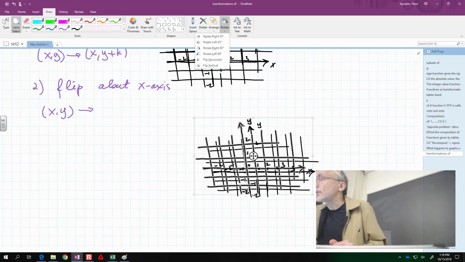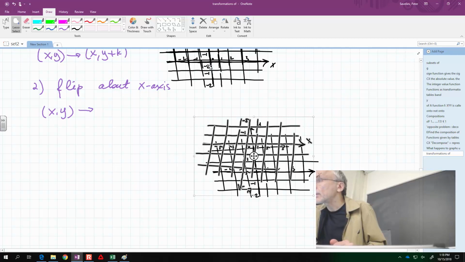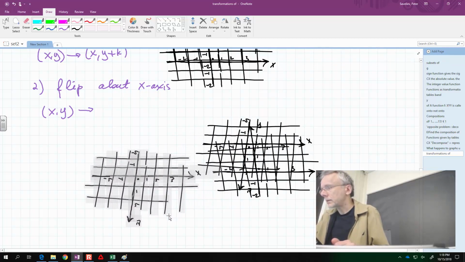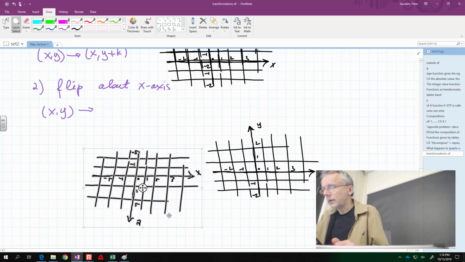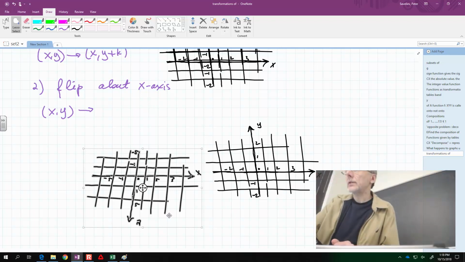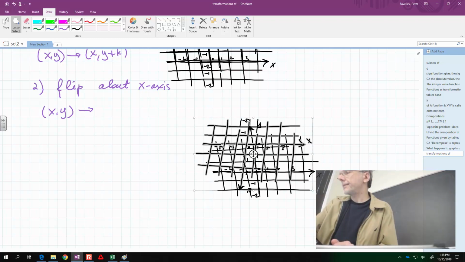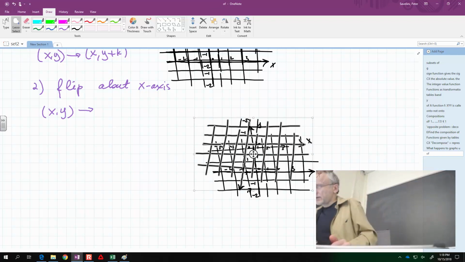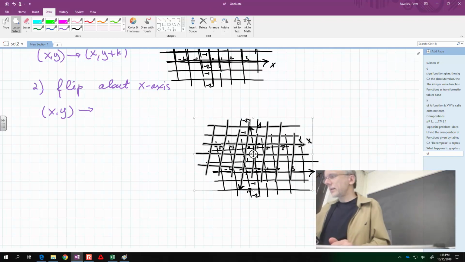So I flip it like this. Okay, that doesn't look right. What happened here? My drawing was poor, so when I flipped it, it's off. Is it really that bad? Those lines are not very vertical.